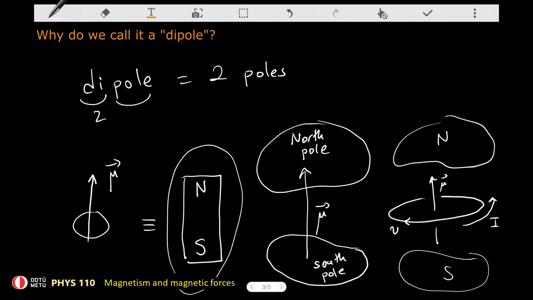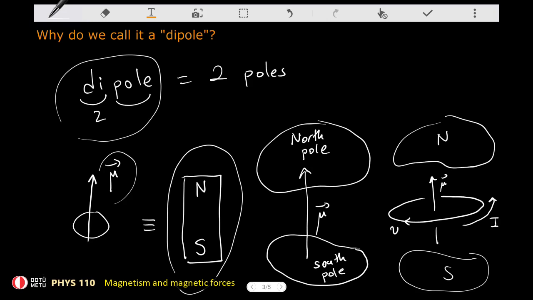As a result, you can think of them as tiny magnets which are just joined together. But in any case, that's the source of the two poles in here, and that's the reason why we call this the dipole moment, because somehow we are associating these two poles, north and south poles of magnets, with these. Okay.